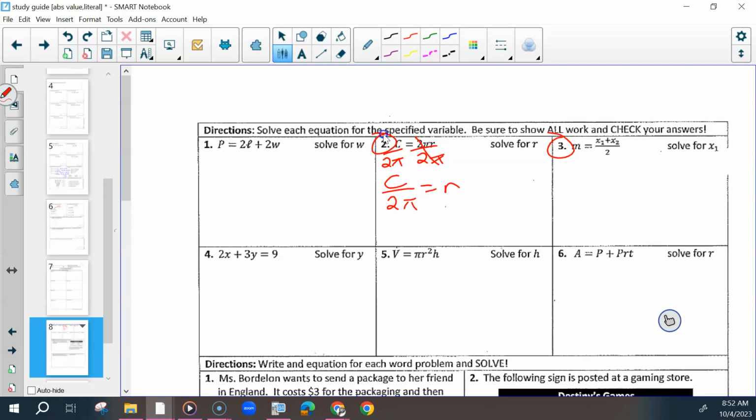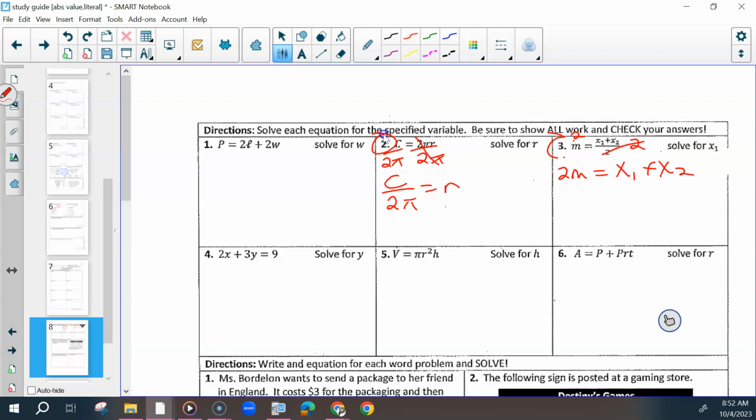Number 3, if we're trying to get x1 by itself, we have to get rid of the x2 and the 2. What would we do first? On both sides. We have 2m, these 2's will cancel, equals x1 plus x2.